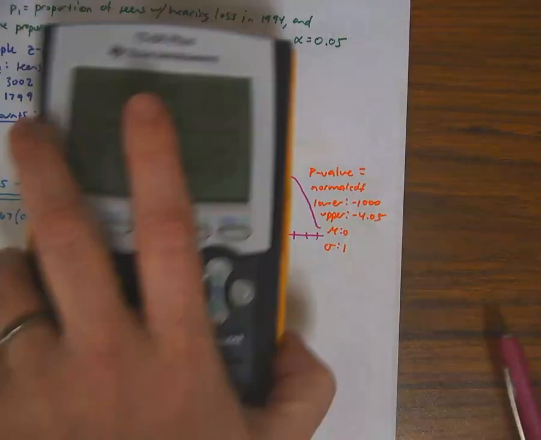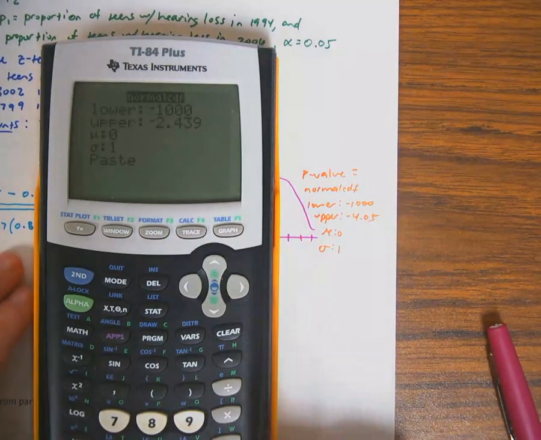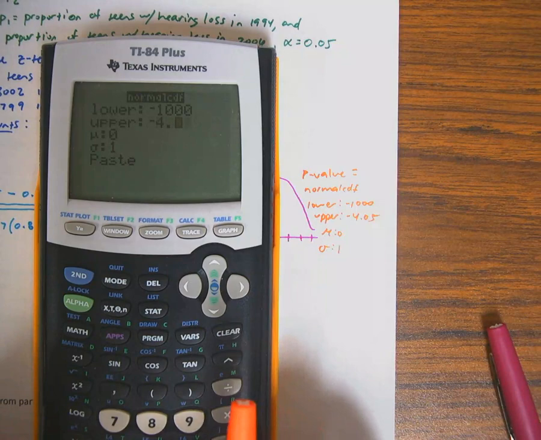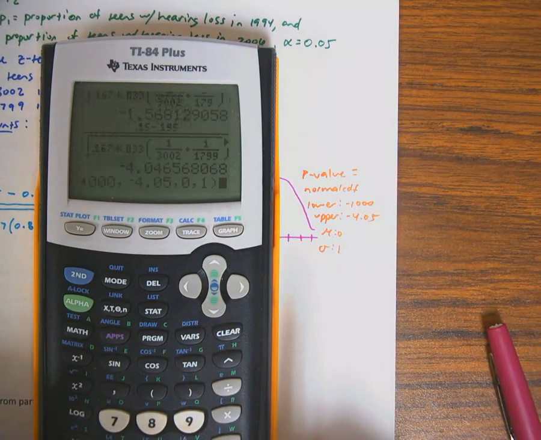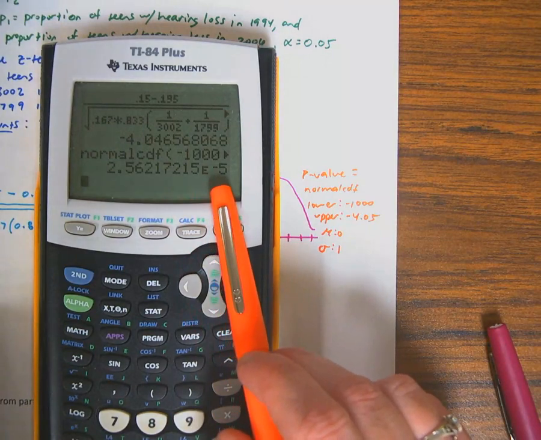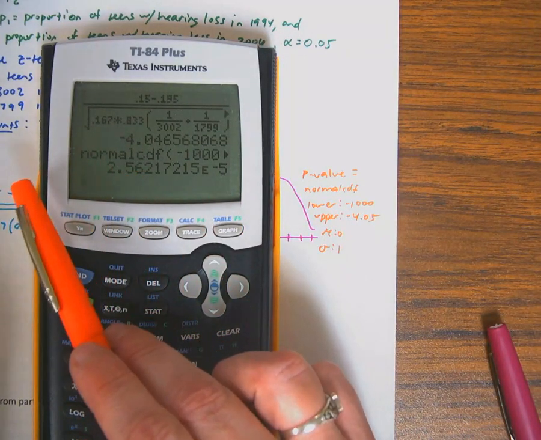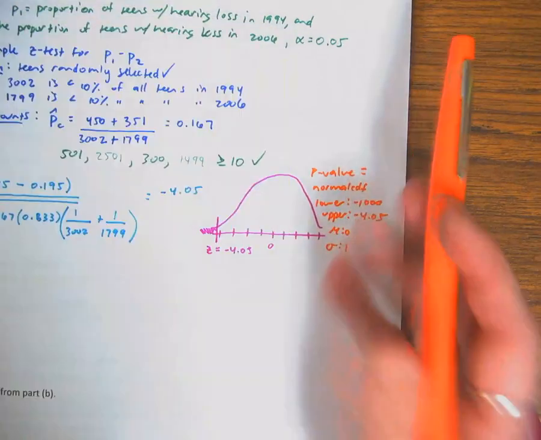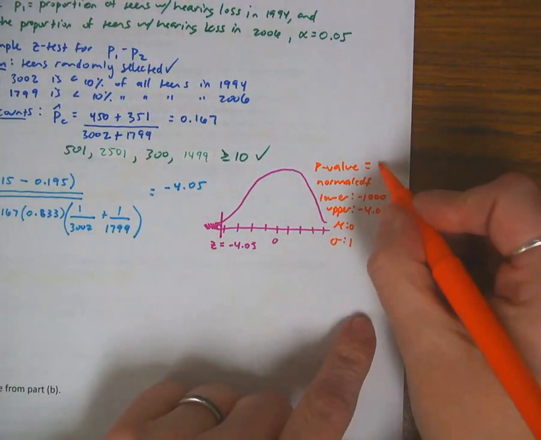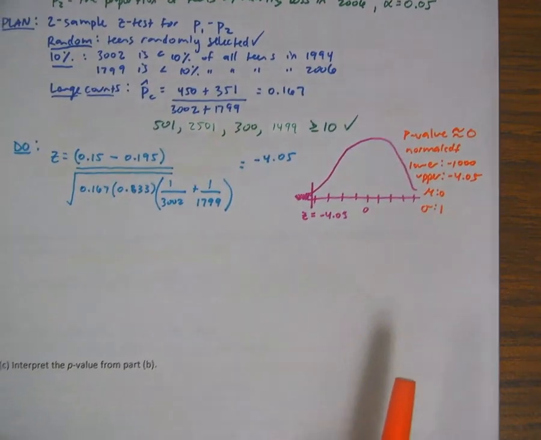Right. And if we moved our decimal place 5 to the left, that'd be 0.00002. So essentially, our p-value is approximately 0. You could put =0 and it would be okay.